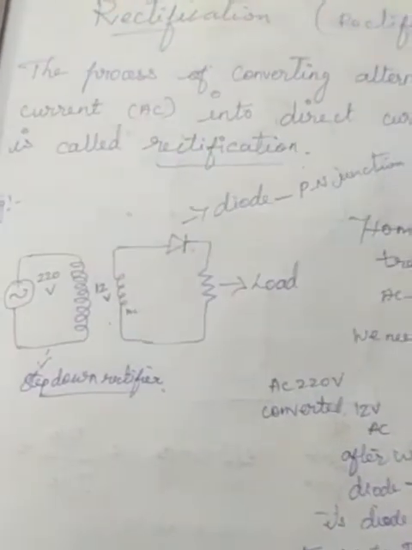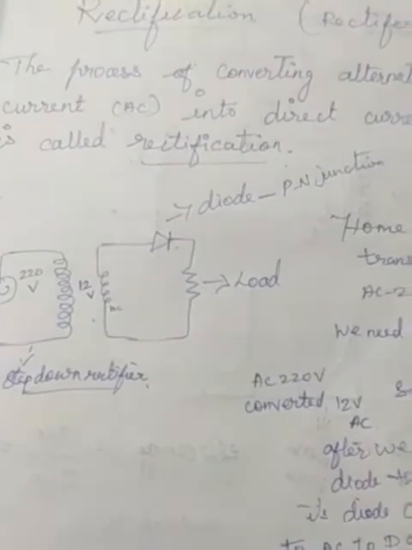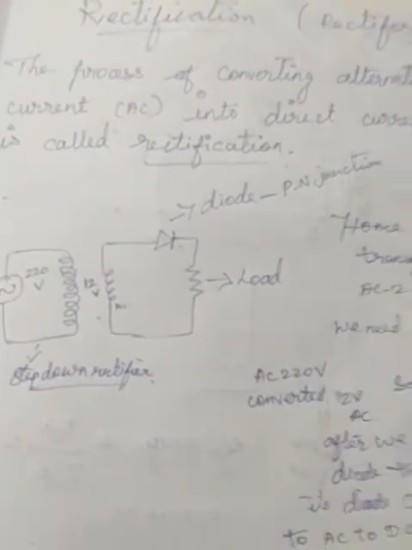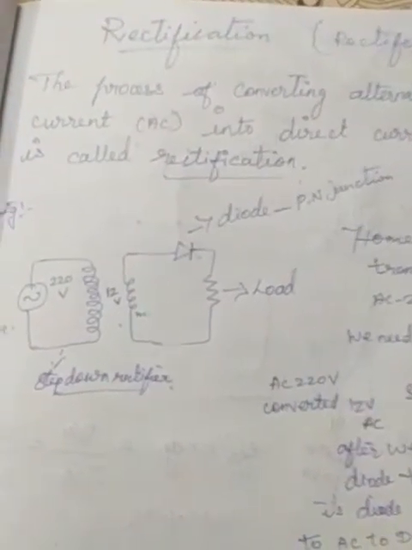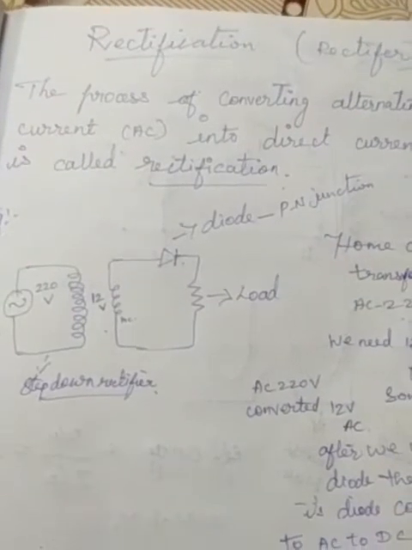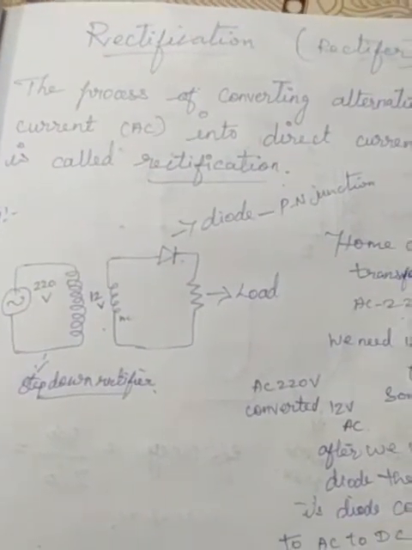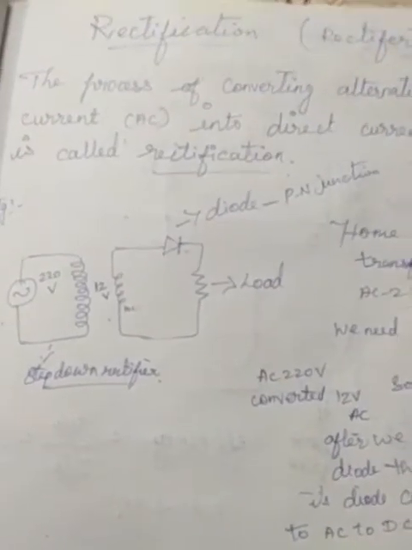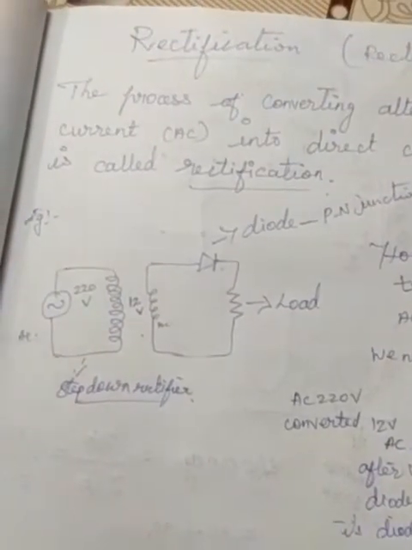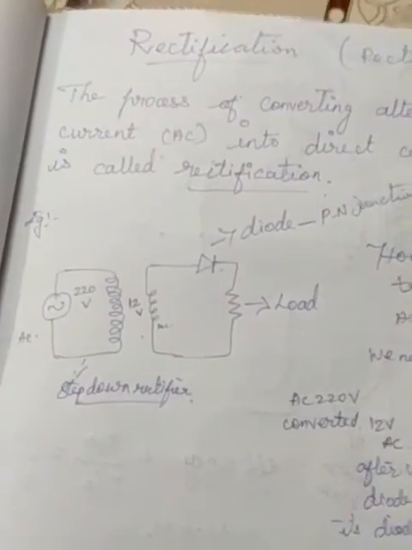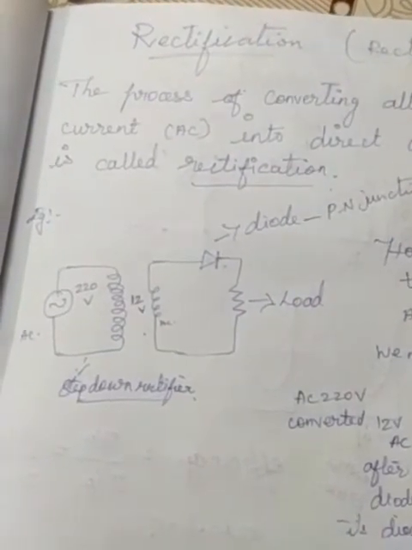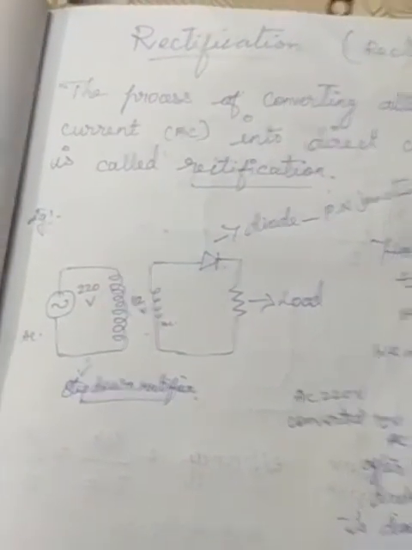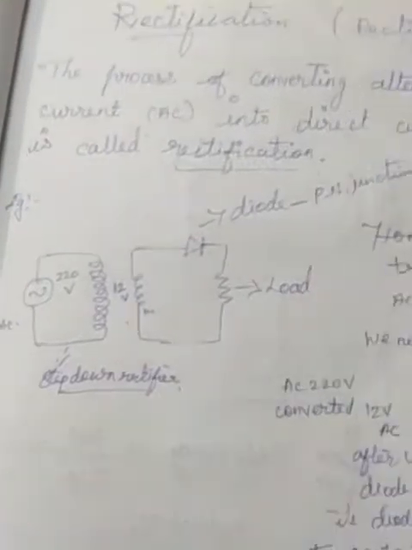After the battery charge is reduced, we use a plug and switchboard, and when we switch on, the mobile immediately starts charging. So the mobile needs DC, but our current coming in is AC.